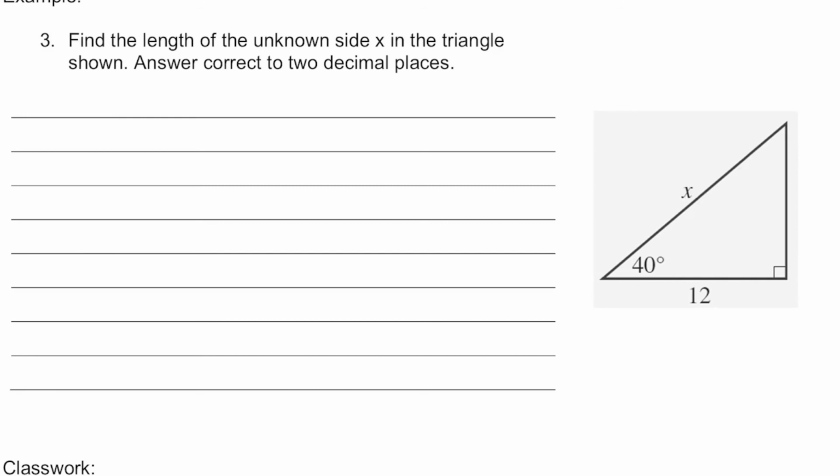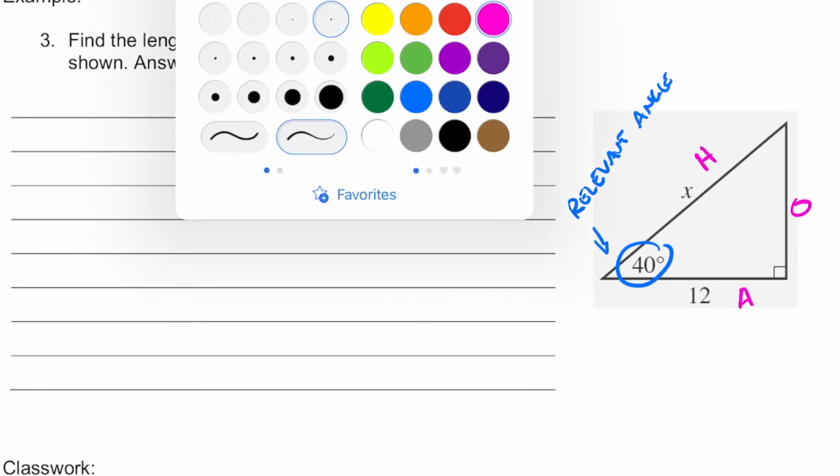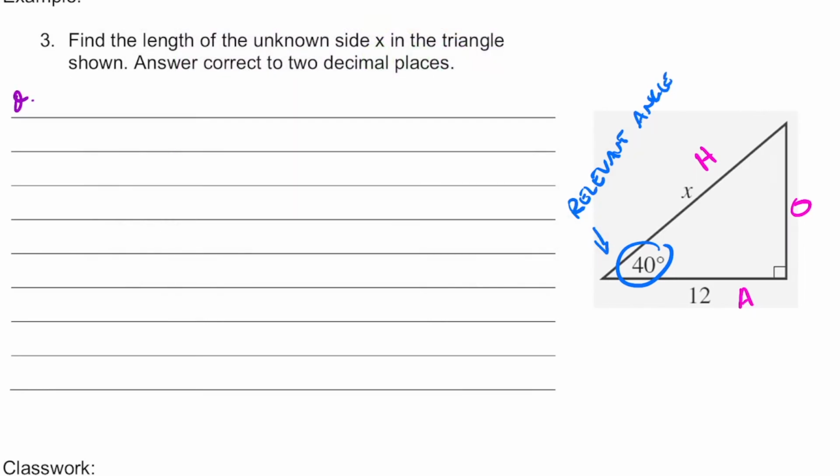So we go through those same processes as before. Relevant angle. We need to take note of that. And then our sides. So we've got H for hypotenuse, O for opposite, and A for adjacent. Okay, so for this one, our theta is 40 degrees. Our H is x.